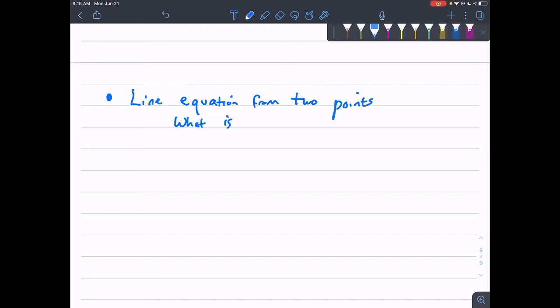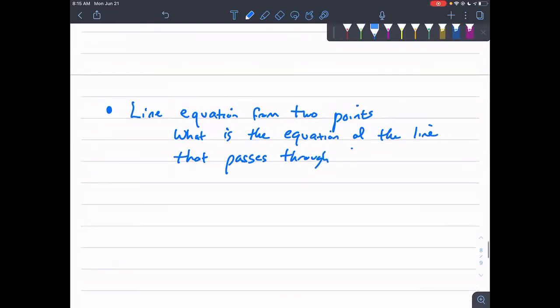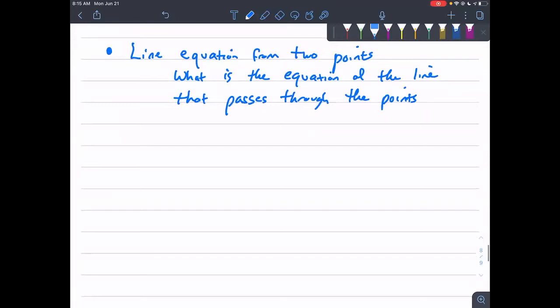What is the equation of the line that passes through the points? Here we've got (7, 3) and (7, -6).